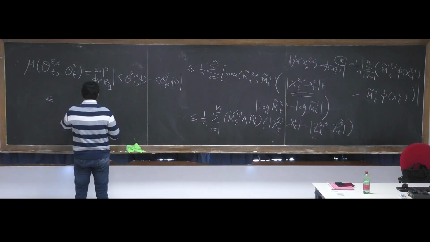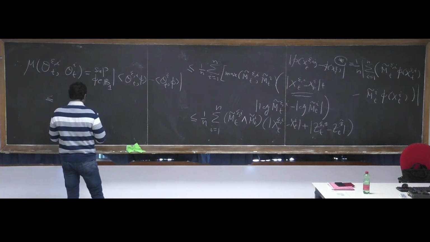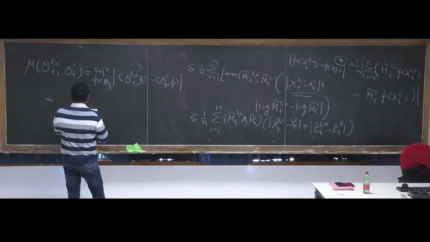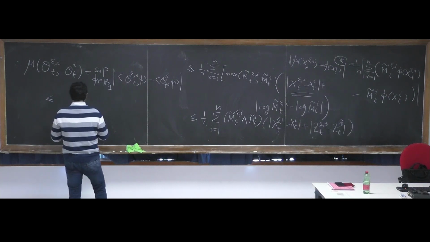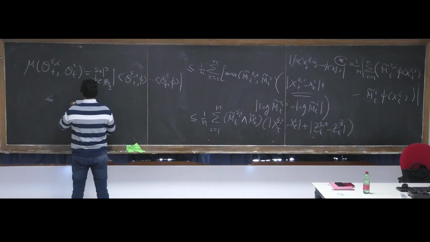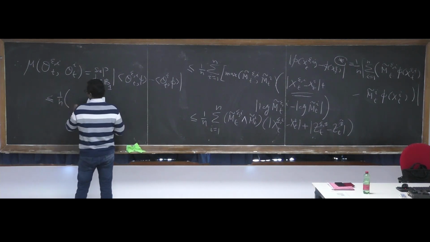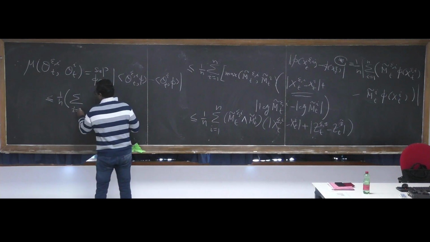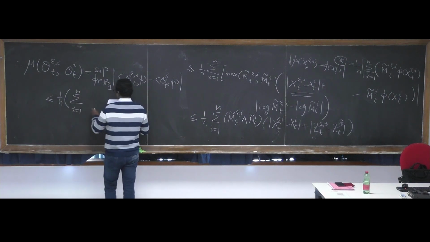Then by applying the Cauchy-Schwarz inequality, we end up with 1 over n, i runs from 1 to n.